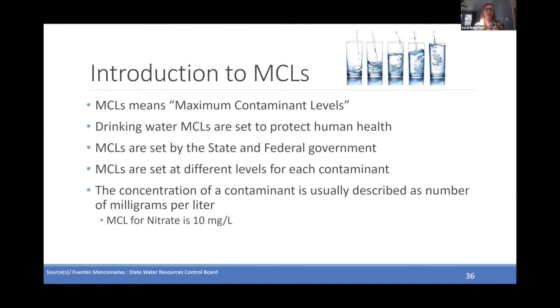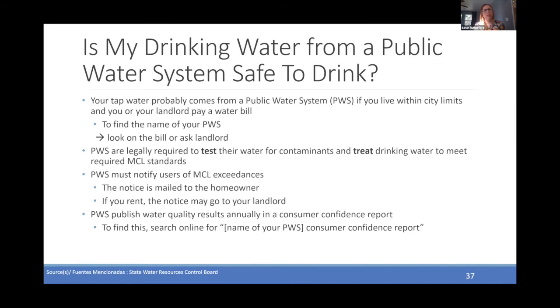And the concentration of a contaminant is described as a number, typically as milligrams per liter. So for nitrate, our focus here today, the MCL, or maximum contaminant level for safe drinking water, is 10 milligrams per liter.